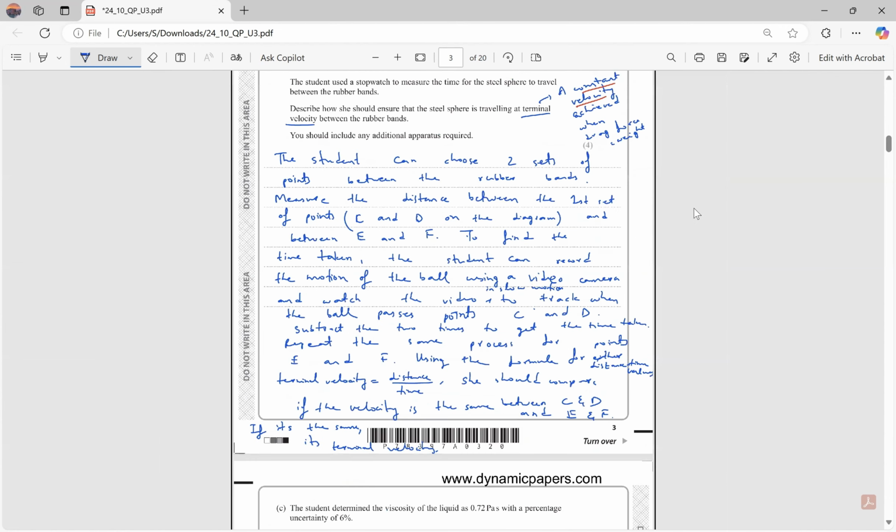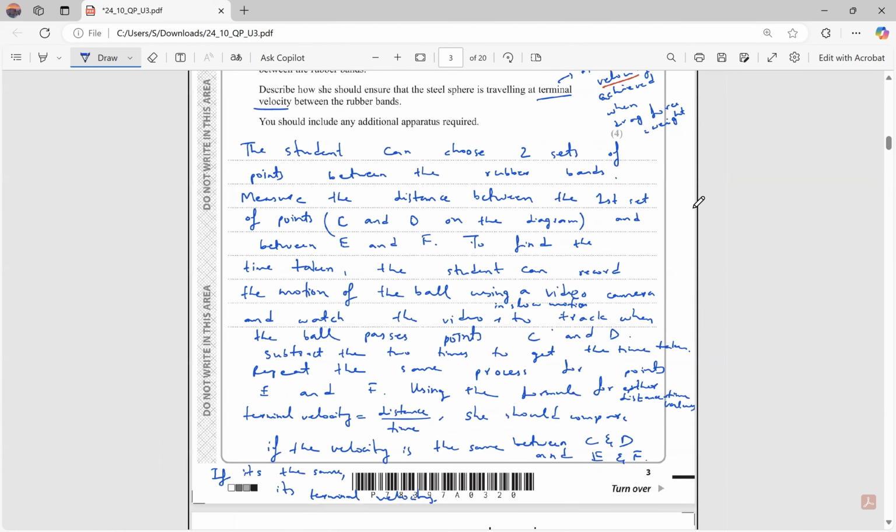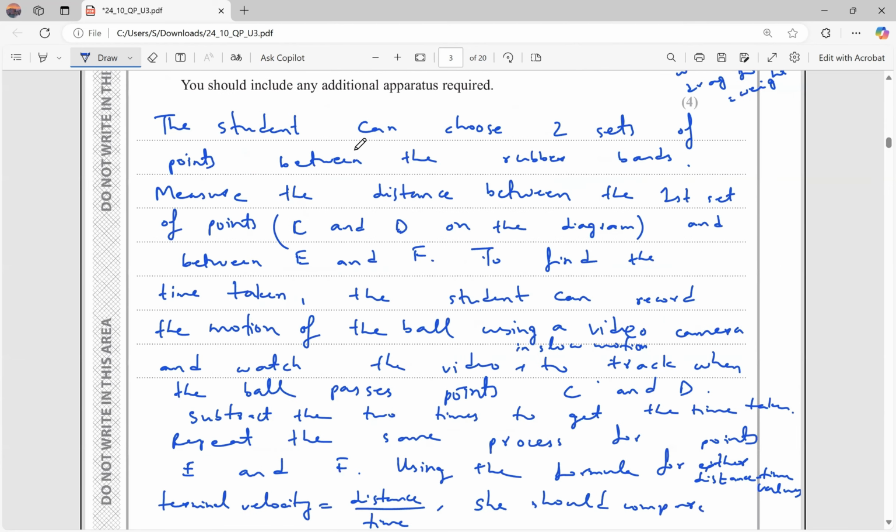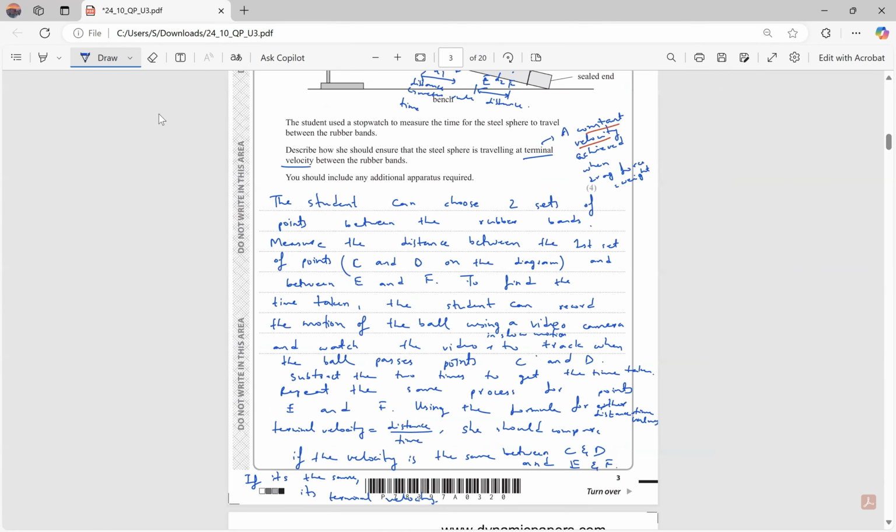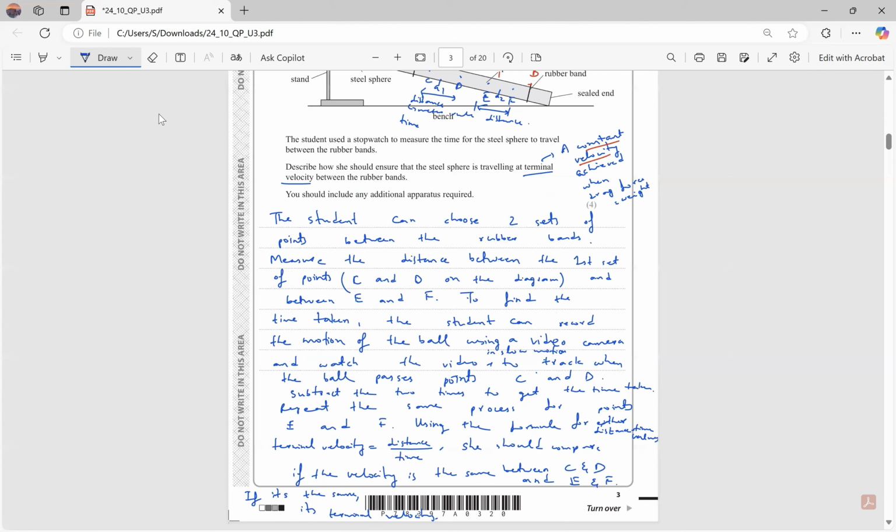So, the main goal is to prove whether it will be the same or not. So you have to link back to how the student uses the measurements to find out whether it's the terminal velocity or not between the rubber bands.